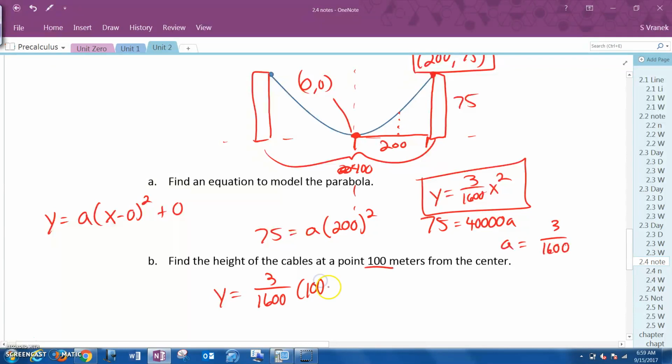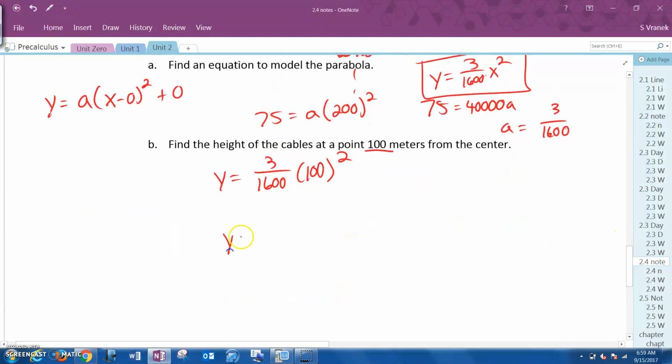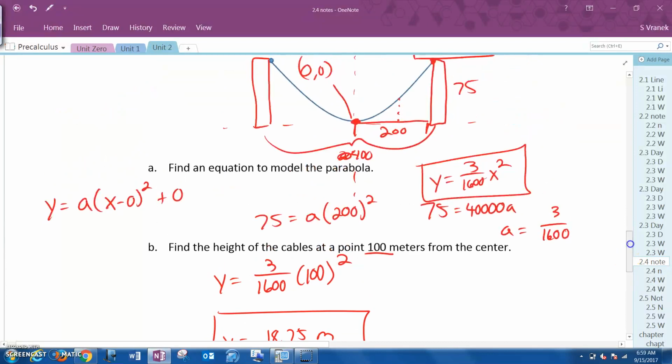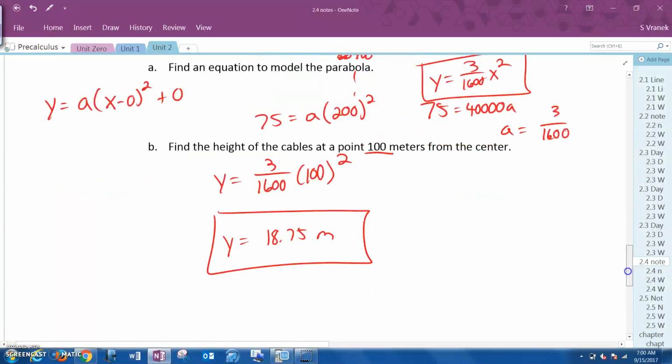So when I plug in 100 squared times 3 over 1600, you do some quick calculations, and you get 18.75. So the height of the cables are 18.75 meters when you are halfway between the center of the suspension cables and the tower.